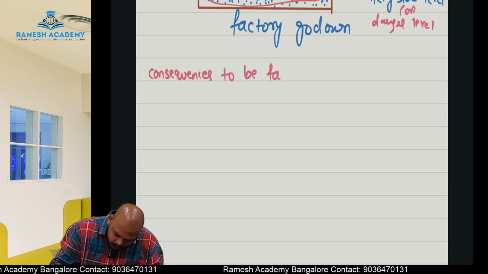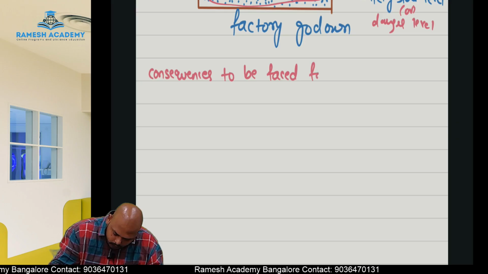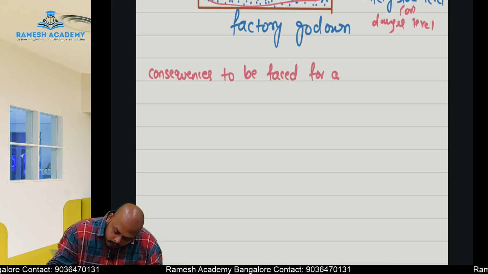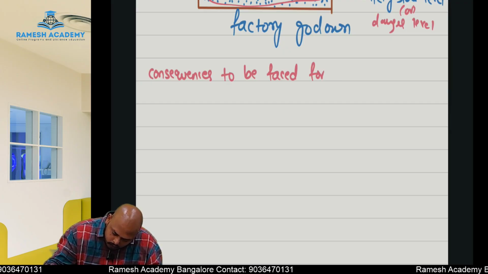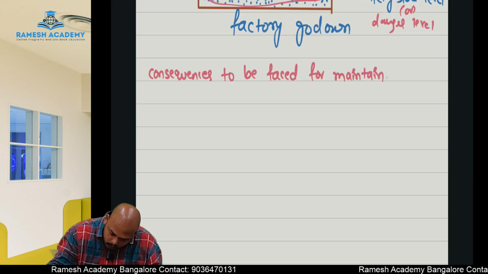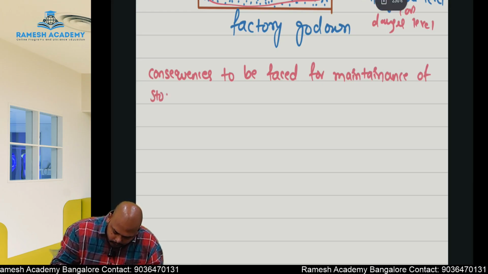Consequences to be faced for maintenance of stock above maximum level.